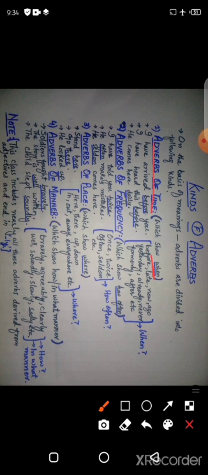I have arrived before you. I have heard this before. He comes here daily. So daily, before, after, now, ago, yesterday, already, never, formerly, and all these words answer the question when. So when in a sentence you come across these words, and if you ask the question when and you get the answer, then it is understood that there's an adverb of time in those sentences.